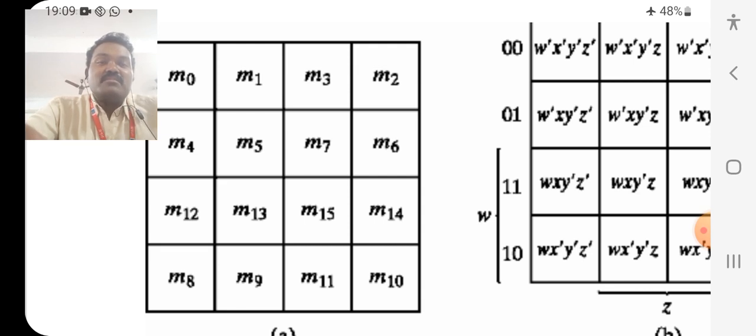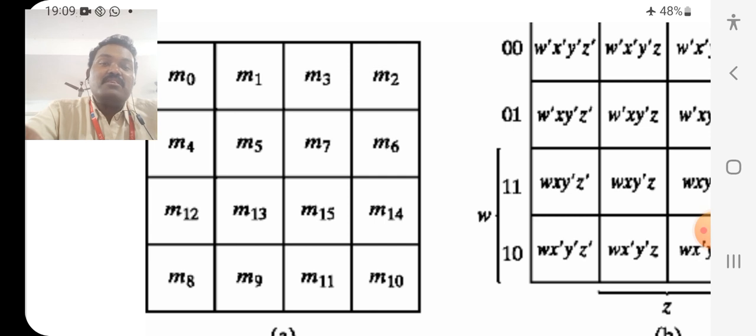Then minterm 3 in first row, third column. Again apply the same procedure. Then minterm 4 in second row, first column. Minterm 5 in second row, second column. Minterm 6 in second row, fourth column. Minterm 7 in second row, third column.